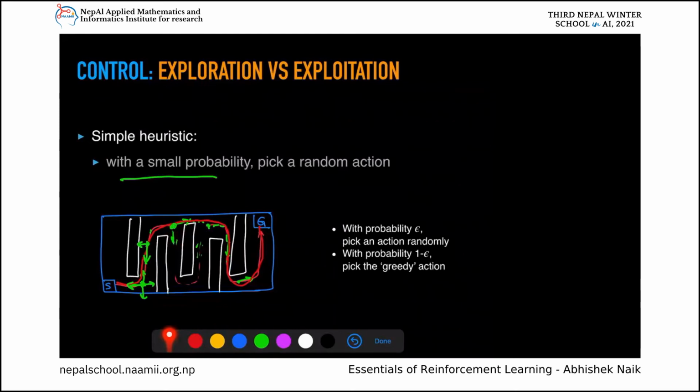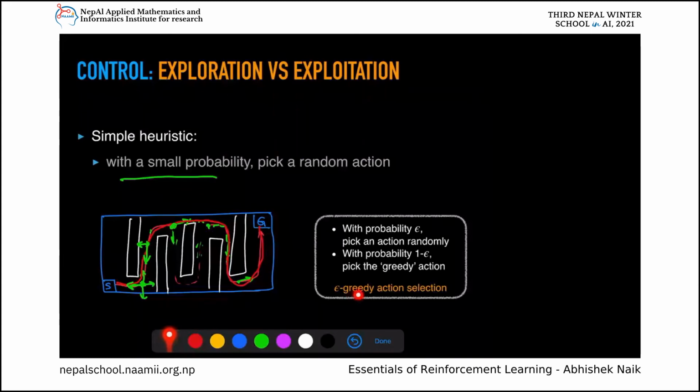But with probability epsilon, which is a small number, let's say 0.1, I can take any of these 4 directions. Sometimes at some point, I might end up taking this and discover something new. And so this is called epsilon greedy action selection.